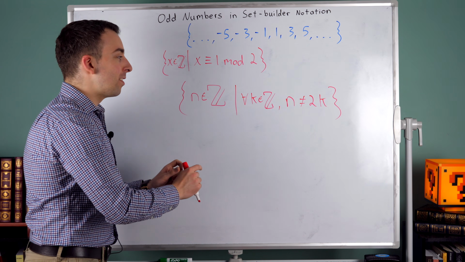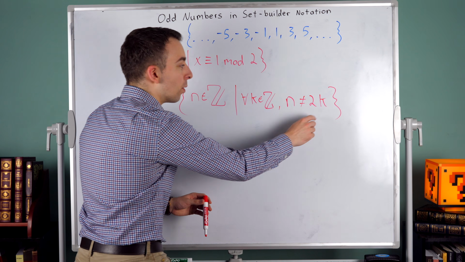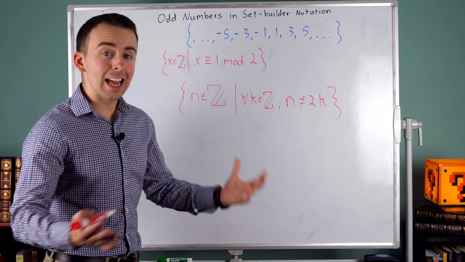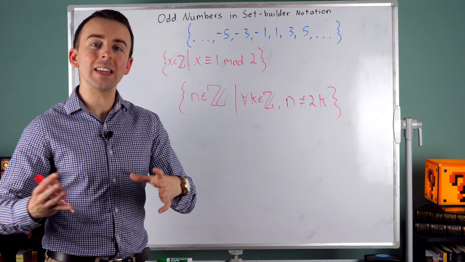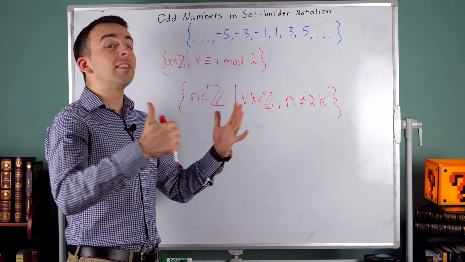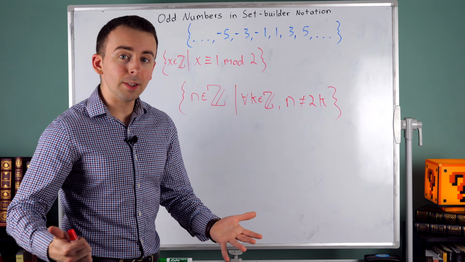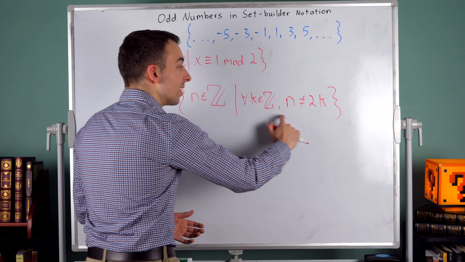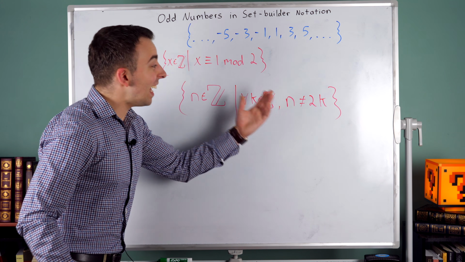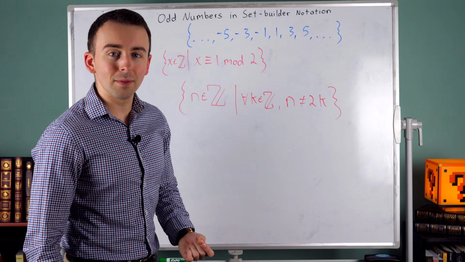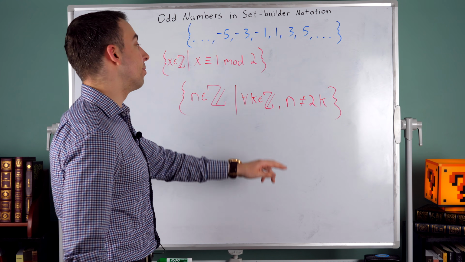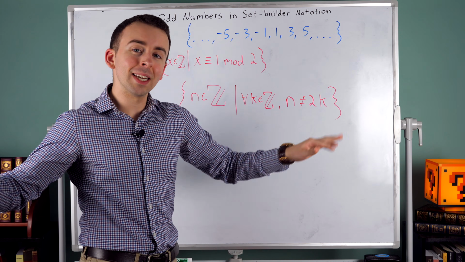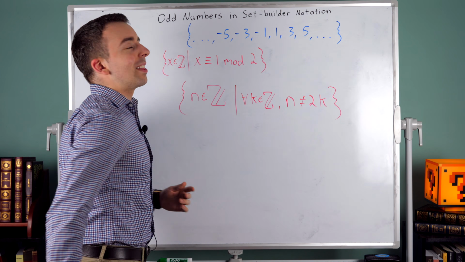So if n is an integer, but it's not equal to 2k for any integer k, n can't be even, and so it will have to be odd. Take 6, for example. It's even, it's equal to 2 times 3. So it's not going to satisfy this because it is equal to 2 times some integer. And every even number is 2 times some integer. So this condition eliminates the evens, and we're just left with the odds.